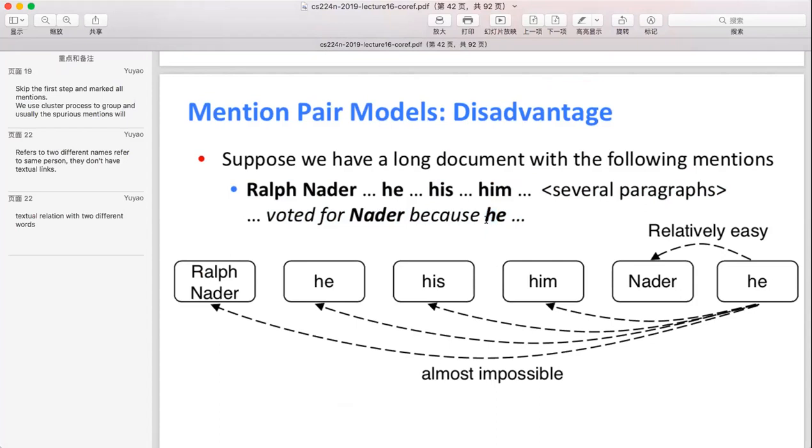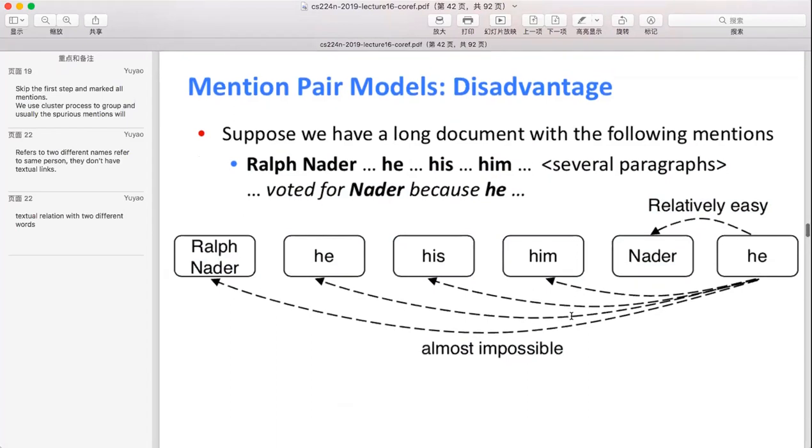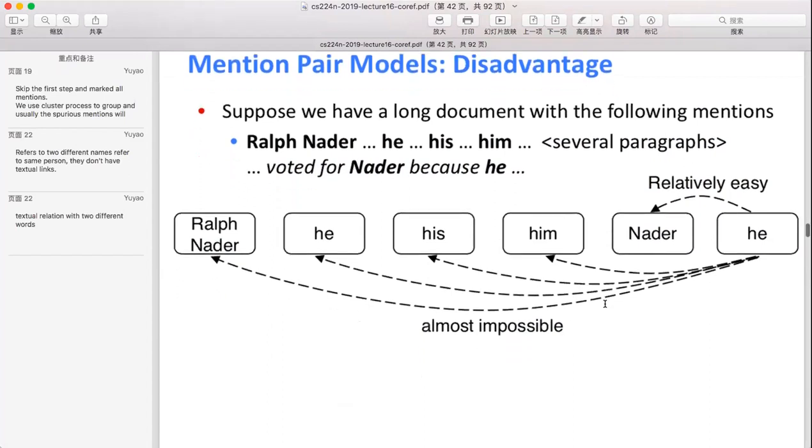We need to find out that he, his, him all pair with he. So from this graph, you will see if we do pairs, he pairs with so many words, and they're all positive. So it doesn't mean much to us, because we only need to find the most sensible pair, which is Nada and he, right? We need to find out the relation with each other.